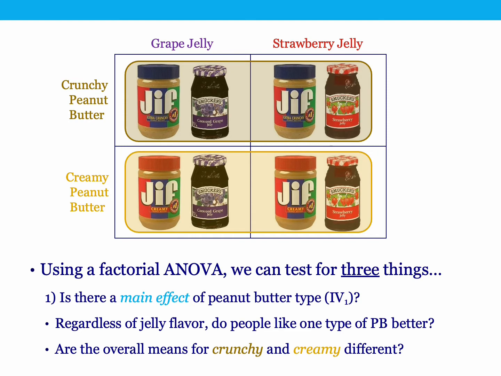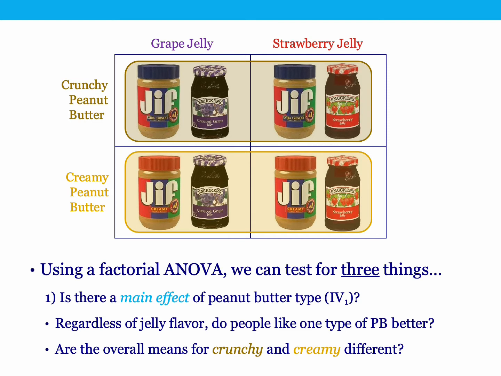So what that would mean, for example, let's say we wanted to look at peanut butter by itself. So let's just pretend for a moment that we were conducting a regular experiment with just one independent variable.